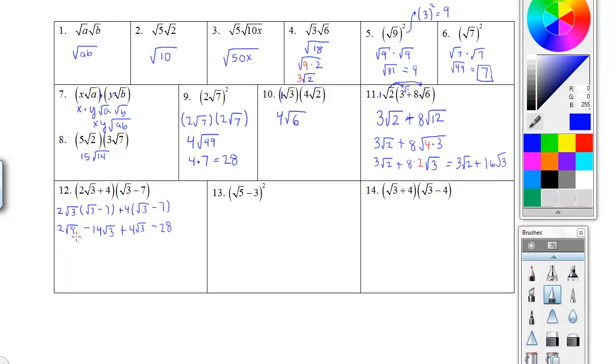Alright, then you need to look at each term and see if they can simplify. Since the square root of 9 is just 3, get that, and minus 14 root 3 plus 4 root 3 is a negative 10 root 3. And then 2 times 3 is 6.